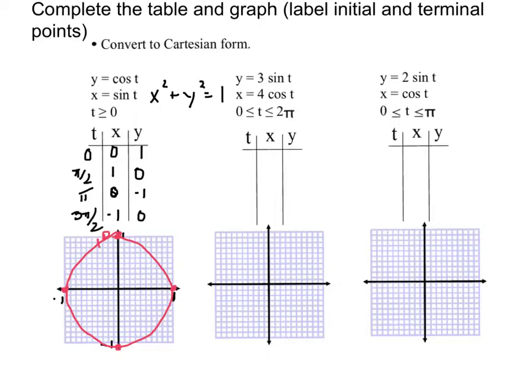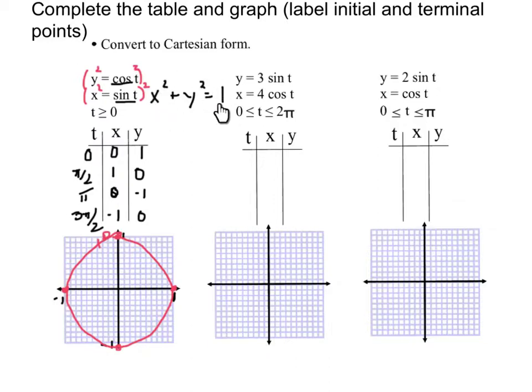Think, if you squared this and squared this and then added them together, sine squared is x squared, cosine squared is y squared. So we got sine squared plus cosine squared, and that's always equal to 1.